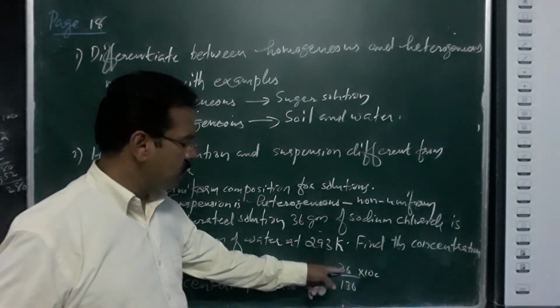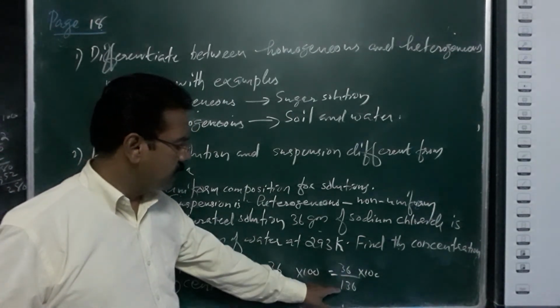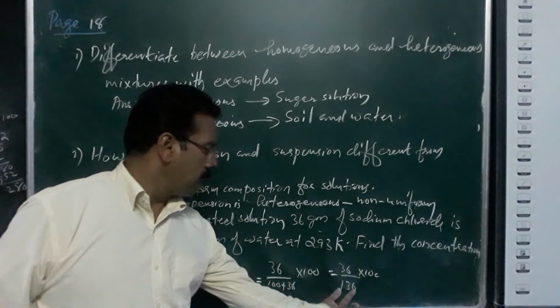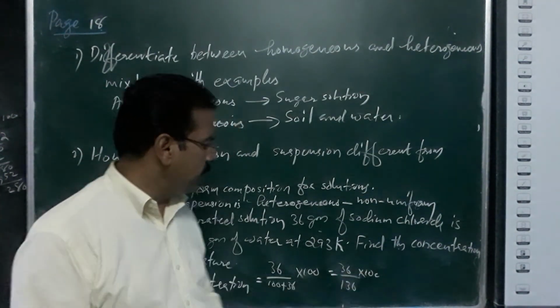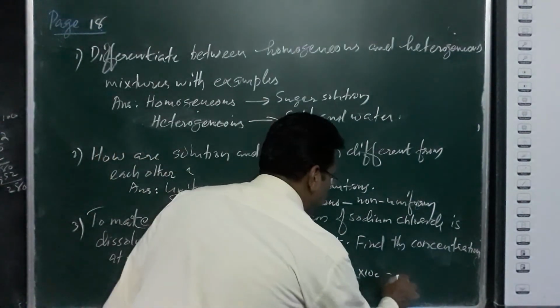Here 36 is the solute, 136 is the total mass of the solution, and we multiply by 100 to get a percentage concentration.